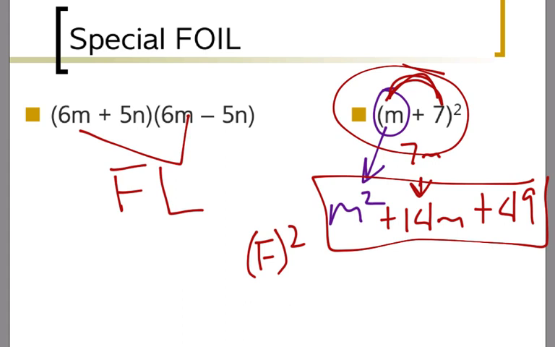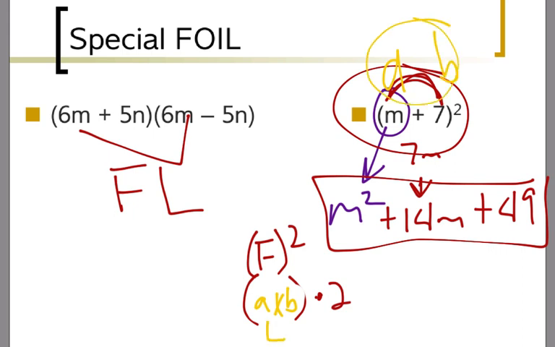You would take your first times your second number, and then you double it. Maybe I'll write A and B in there so it doesn't look like 1 times 2. So you take your A and your B, and if this was your A and this was your B, and then you just take your last number and square it.